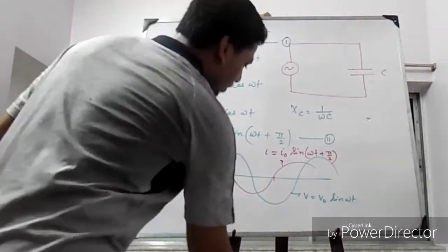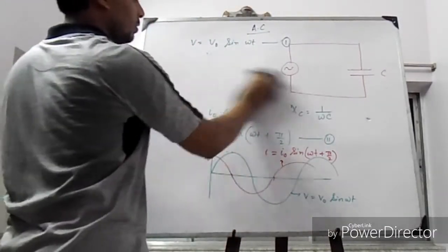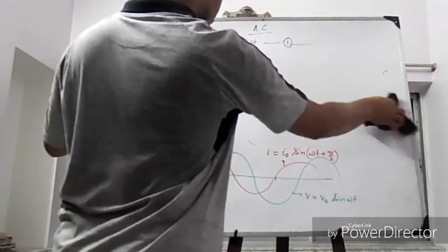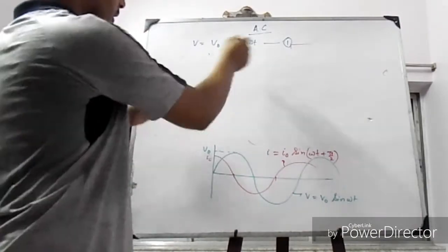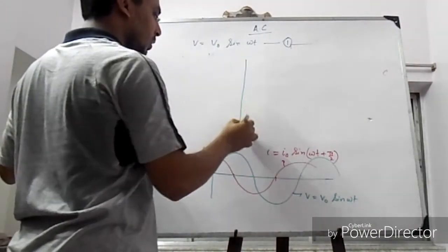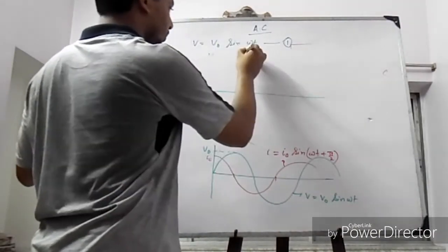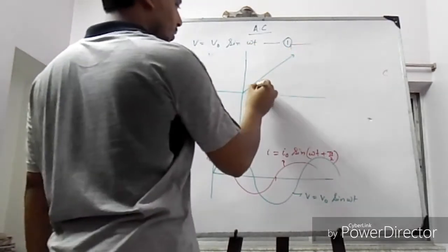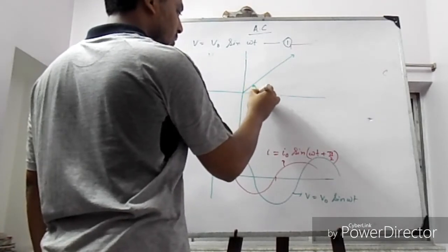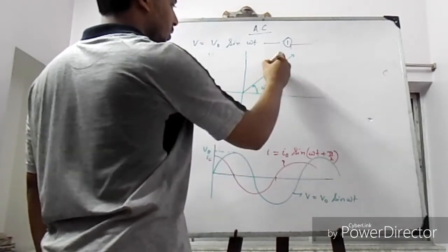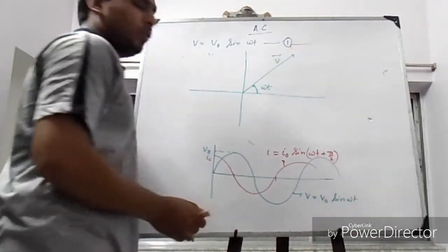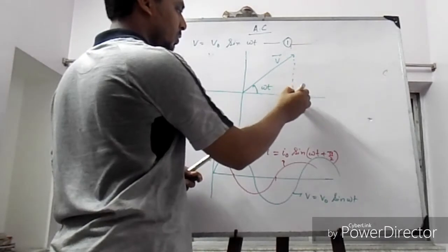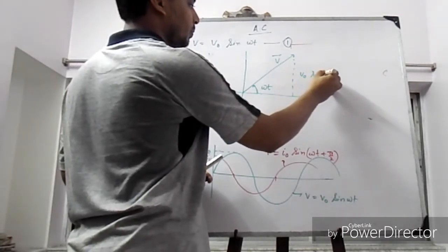Again, if we draw the phasor, see what happened. Suppose this angle is omega t, then this is the phasor for voltage, equal to V0 sine omega t.